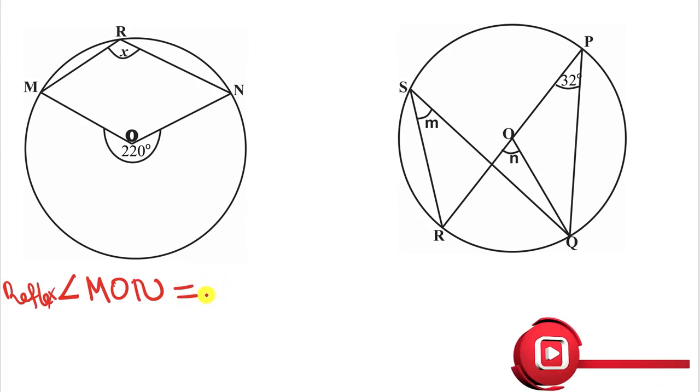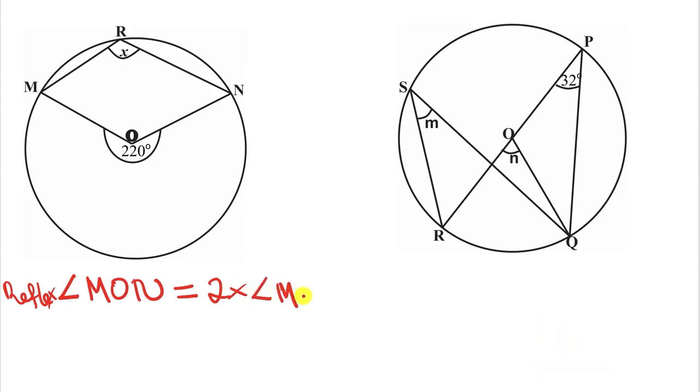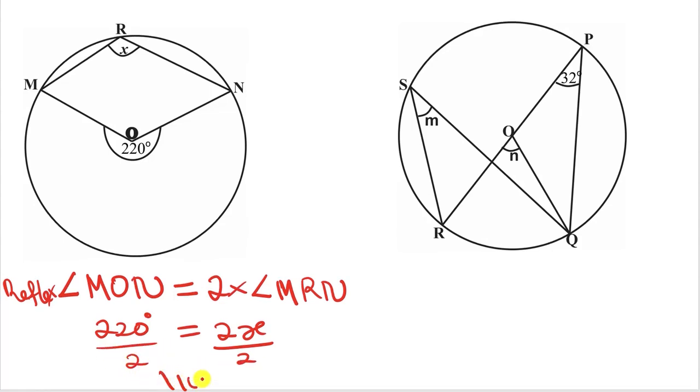So it's going to be 2 times angle MRN. All right. If that is the case, then our 220 degrees will be equal to 2 times our x. So we have to solve for x by dividing both sides by 2. So we are going to divide this side by 2, this side by 2. And we are going to get our x to be equal to 110 degrees.